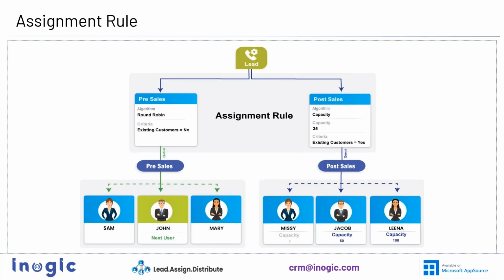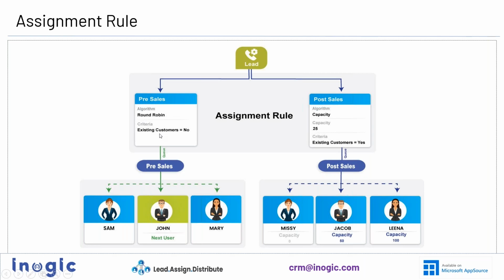On your left hand side, you can see the round robin algorithm, whereas on the right hand side, you can see the capacity algorithm. Now, for the round robin algorithm, you can also observe that we have applied a certain criteria.